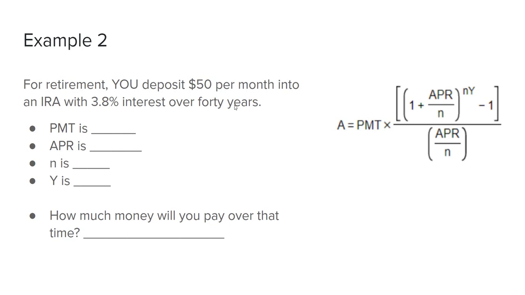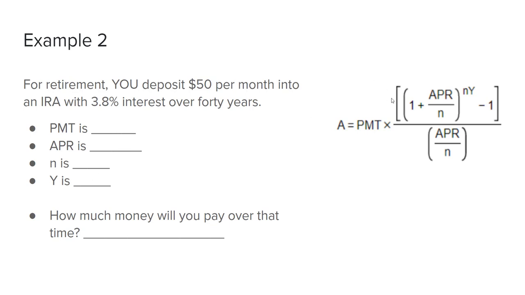Many of you are in your 20s right now, or near there, and so I want you to imagine right now, because if you think about this, then it'll really hit home and be more important to you possibly. So you're going to deposit $50 per month into an account for 40 years. Let's break this down. The PMT here would be $50. APR would be 3.8%, N would be 12, and Y would be 40.